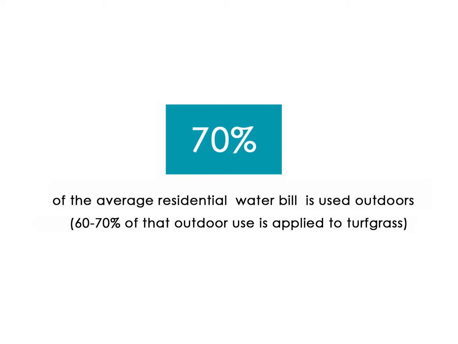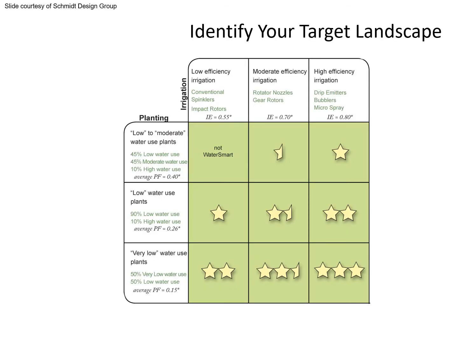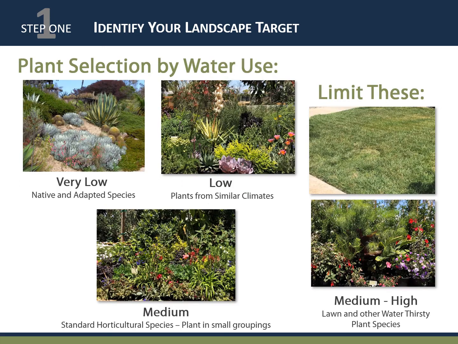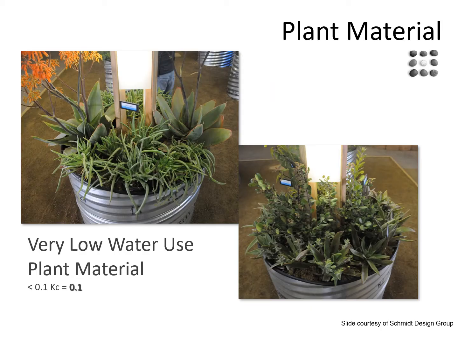Again, we talked about in the past, about 70% of a residential water bill is used outdoors. And we talked about water conservation being a factor of efficient irrigation systems and plant water use demands. So again, we looked at different types of irrigation equipment and how efficient they are or not efficient they are, and different types of plant material that we are fortunate to select from in our region.